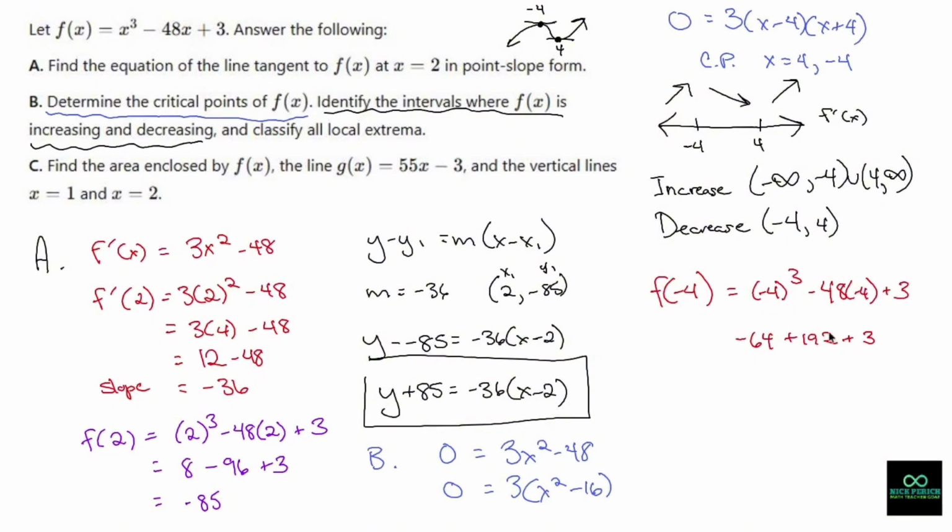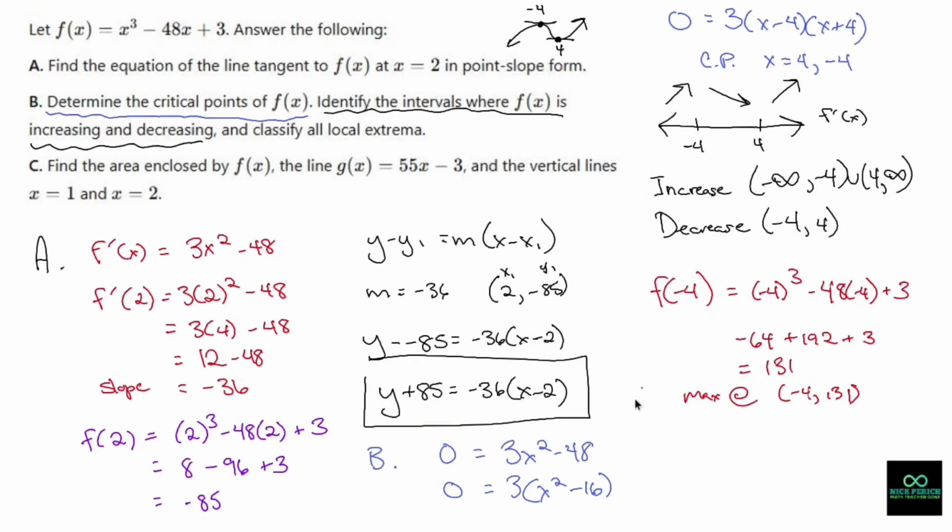So 192 plus 3 is 195. 195 minus 64 is going to be 131. Okay, so that tells us that we have a maximum at negative 4, 131. And let's be specific, that is a local max.